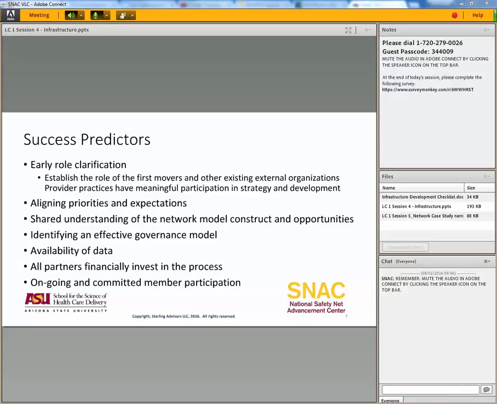In fact, not getting that information in by the deadline, which was July 29th, just last Friday, could have made an ACO ineligible to participate in that contract. So sharing information freely across a network is critically important.